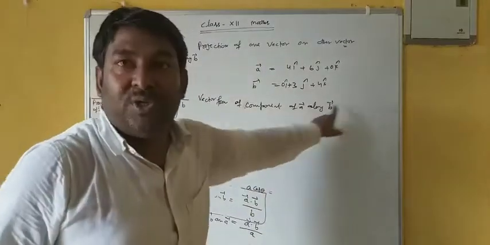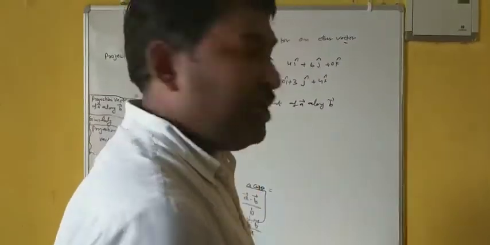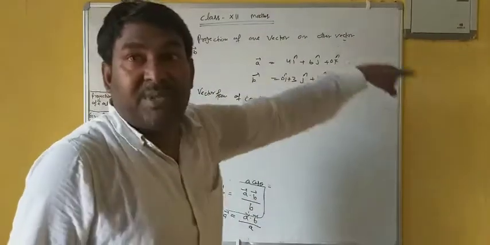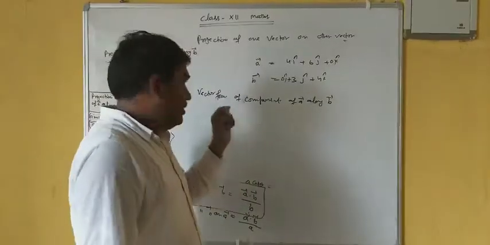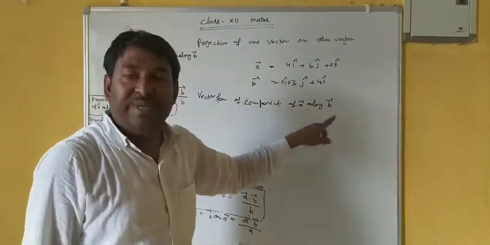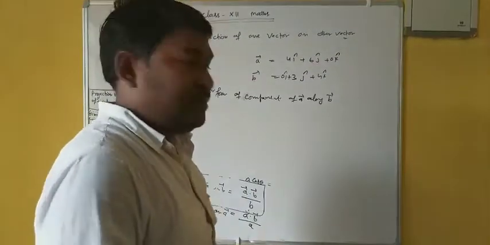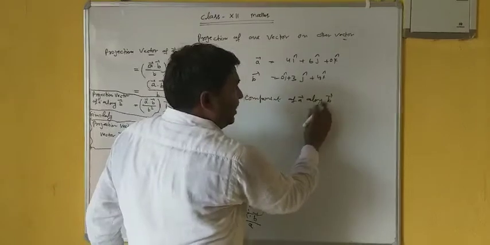Projection is nothing but a component. So the vector form of that component means the vector form of the projection. It means the projection vector, or vector projection, of A along B.